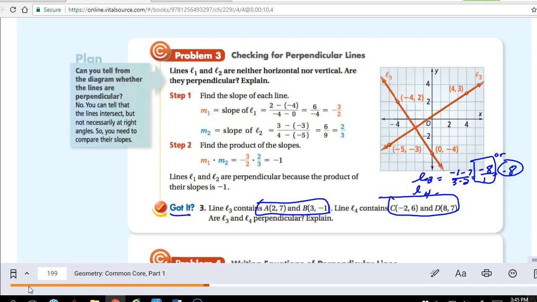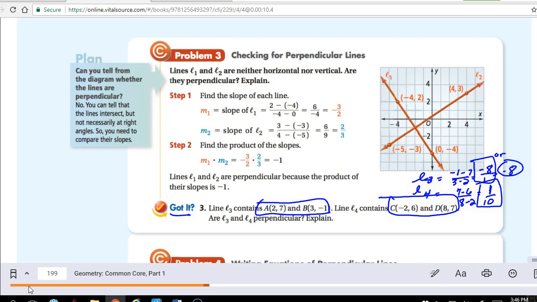Now, if I'm doing the slope of line 4, then that's going to be 7 minus 6 over 8 minus negative 2. And 7 minus 6 is 1. 8 minus negative 2 becomes 10. And so the slope of this line is 1 over 10.